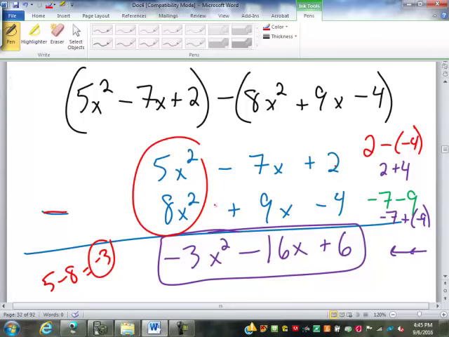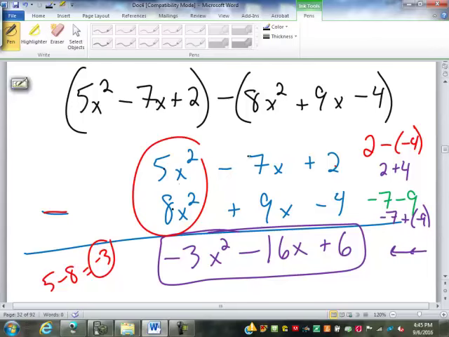If it's subtraction, then the first one is going to be negative? Not always, no. This is only negative because this 5 was smaller than the 8. If it was the other way around, it would be positive.